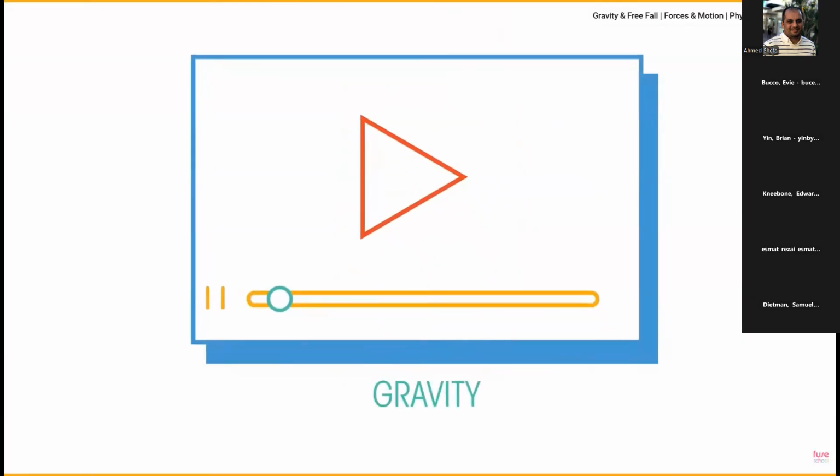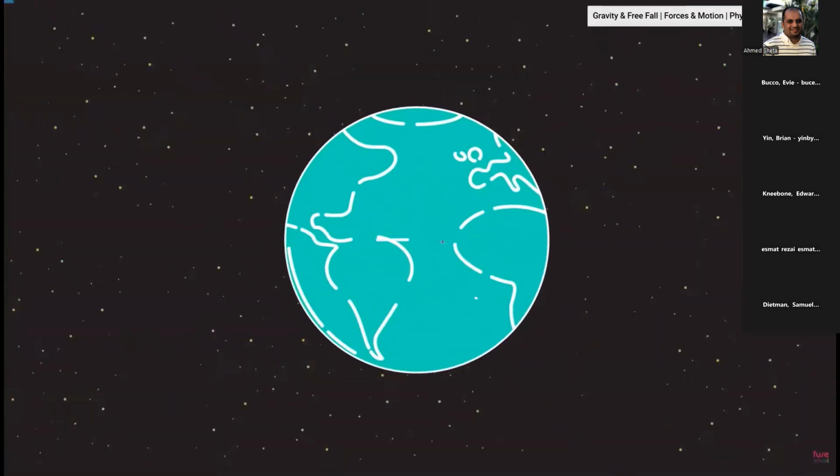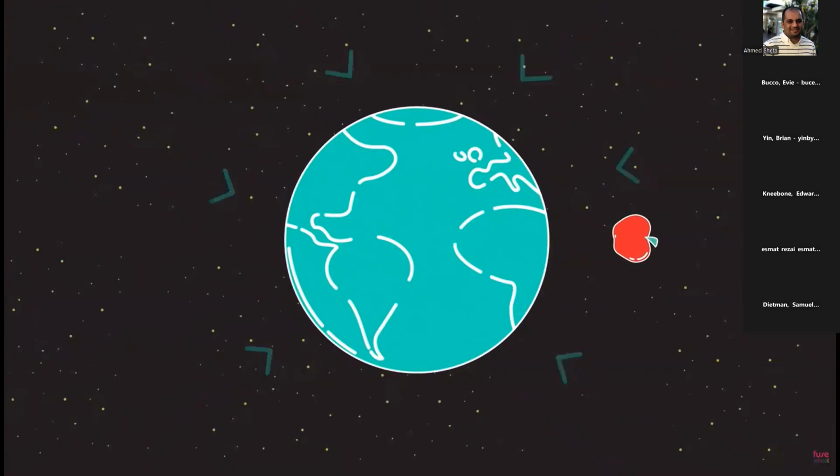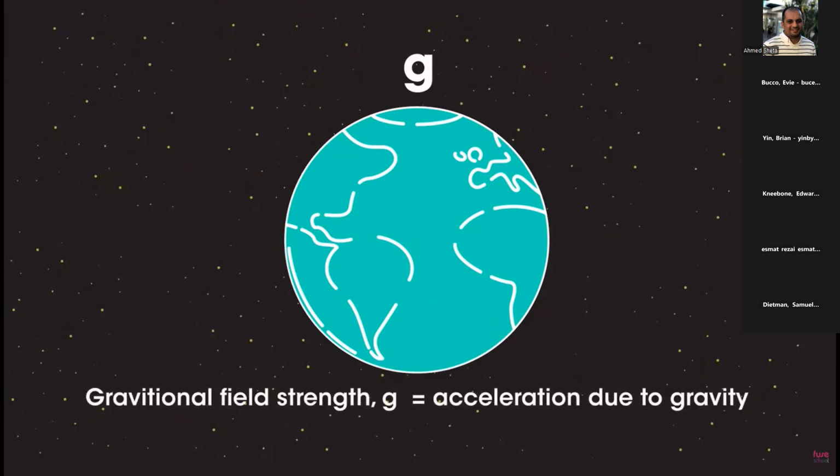Do you remember gravity? Watch this video. An object thrown away from the Earth will experience a force towards the Earth which slows it down, stops it, and the object accelerates back towards the Earth. This acceleration is due to the Earth's gravitational force and is written as a little g. It's also known as the gravitational field strength.